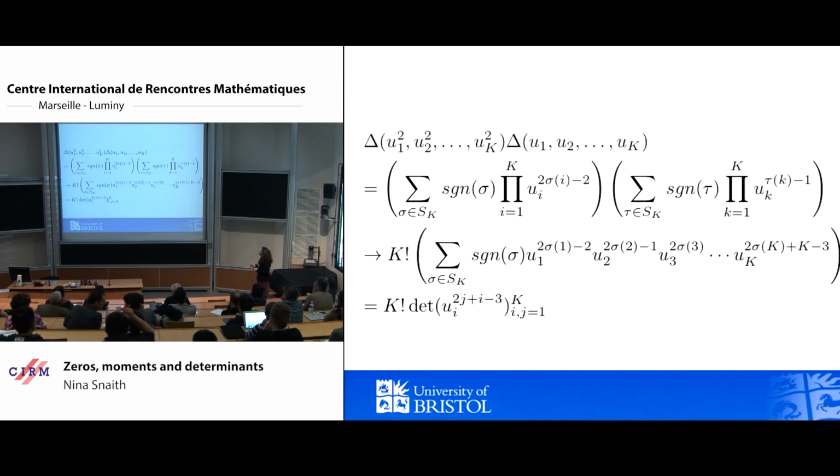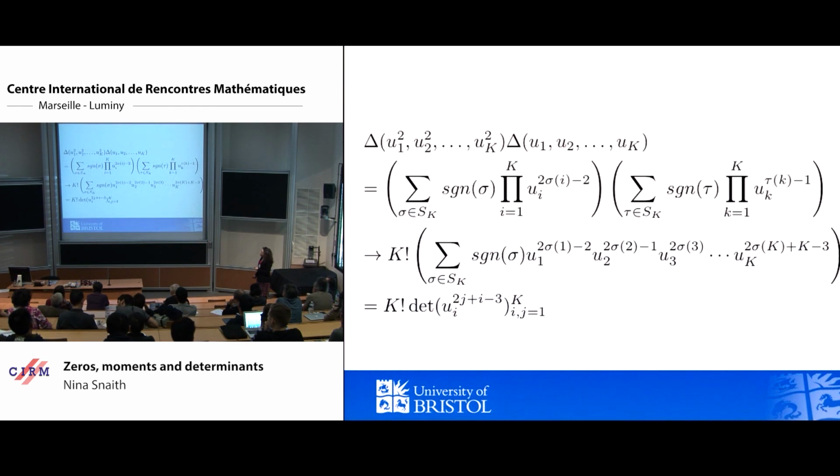So we want to manipulate something like these Vandermonde factors, and so this is just using the definition of a determinant as a sum over permutations. So that's just writing that determinant in that sum over permutation form.